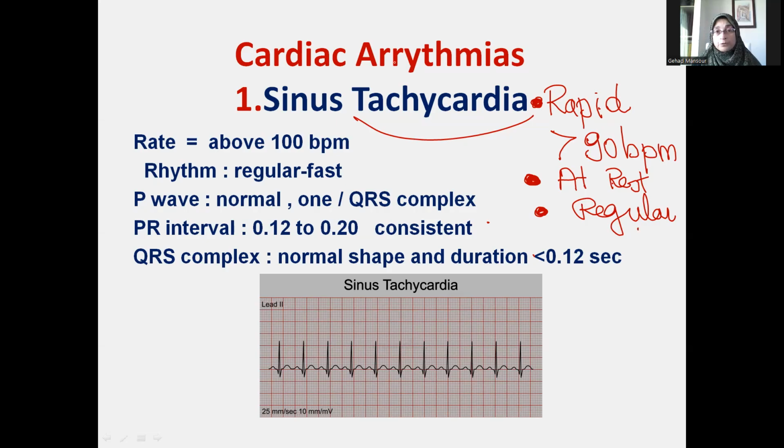And more importantly, and maybe this is not written on the slide, it is sinus, meaning that it originates in the sinoatrial node, and therefore it should have all the other characteristics of the sinoatrial node. Because it's not because the rate is rapid that we are going to miss the other characteristics of the sinoatrial node.